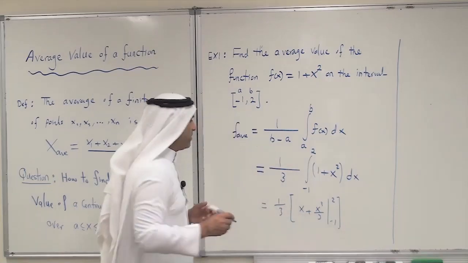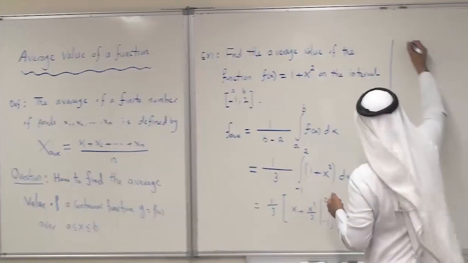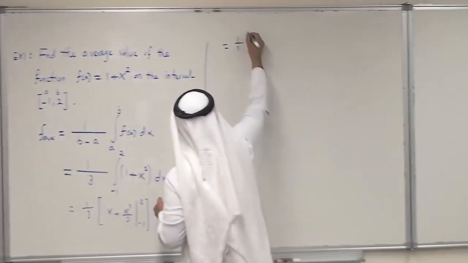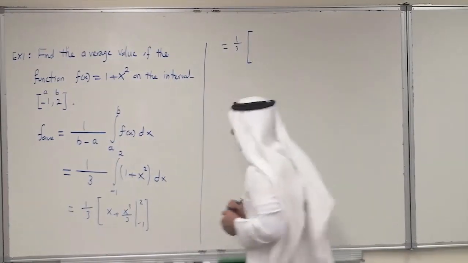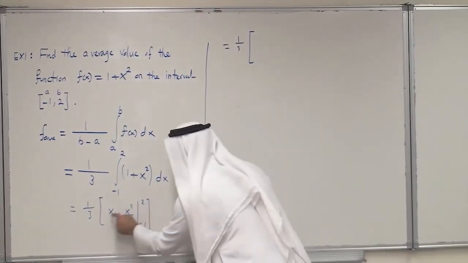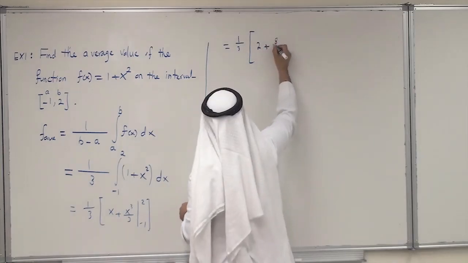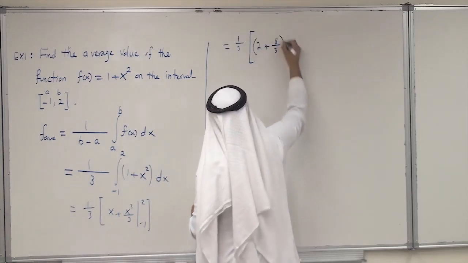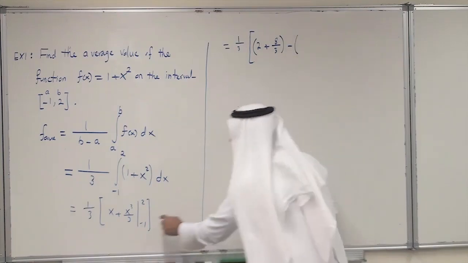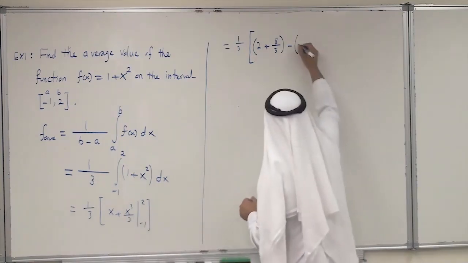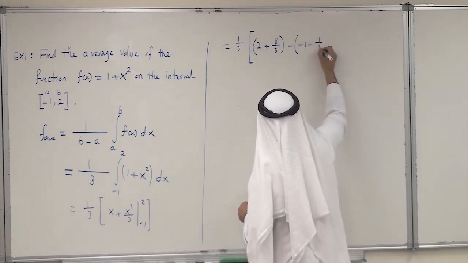If we substitute, we get 1 over 3 times: substituting 2, we get 2 plus 8 over 3. That is the first one. Then minus, and we substitute minus 1 to get minus 1 minus 1 over 3.